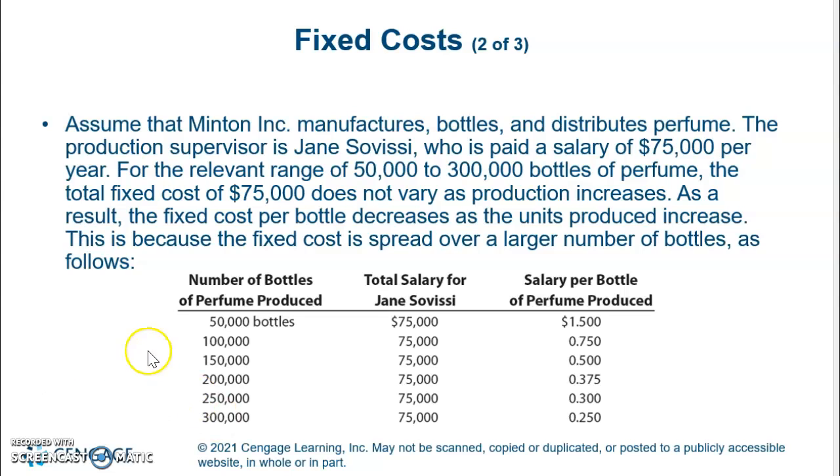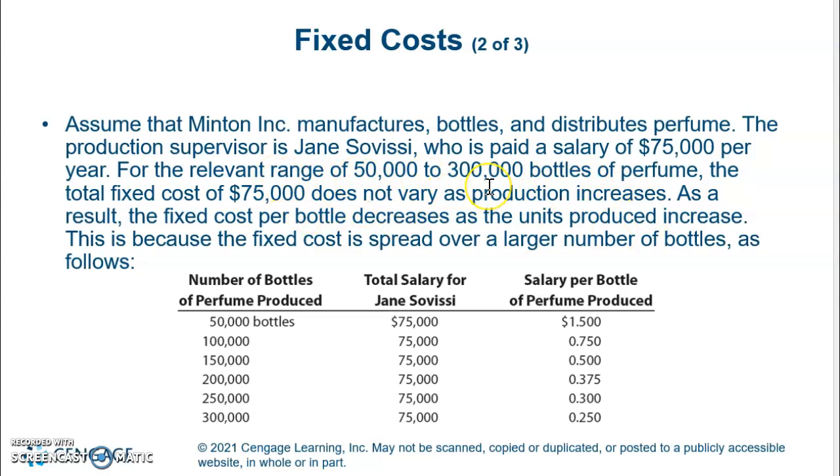So here, the salary that I pay somebody is a fixed cost. The production supervisor is paid a salary of $75,000 per year. That would be a fixed cost. It doesn't matter if I make 0 bottles.